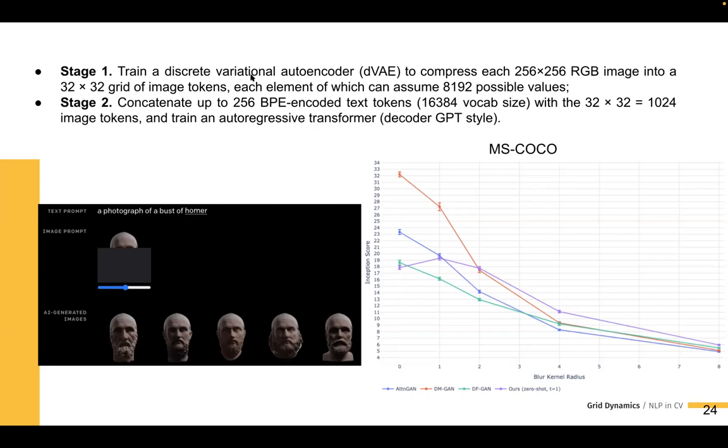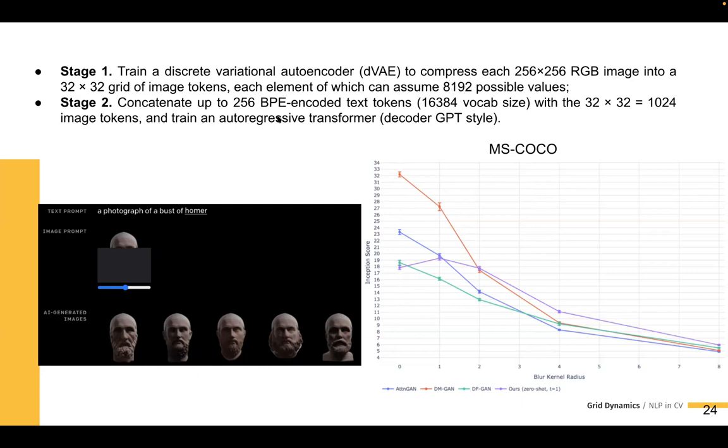They train a discrete variational autoencoder to compress images with resolution 256 by 256 into a 32 by 32 grid. For RGB we have 24 bits for color resolution, but as it is a discrete variational autoencoder, we have only nearly 8,000 possible values.